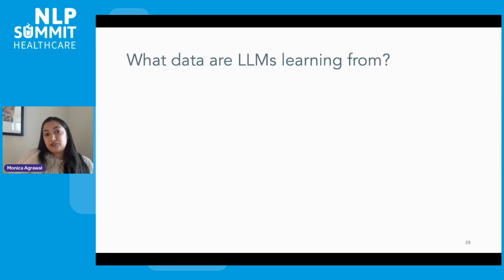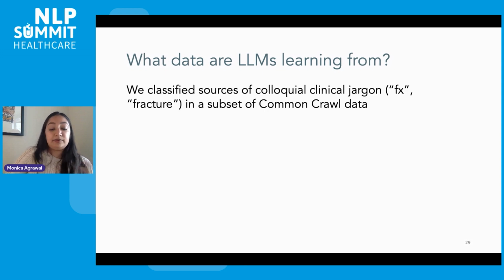So one large question is, what data are these large language models learning from? And this is something that's hard to answer without access to the underlying data, but as an approximation, we classified sources of colloquial clinical jargon like FX and fracture in a subset of the common crawl data, which is a crawl of the internet.